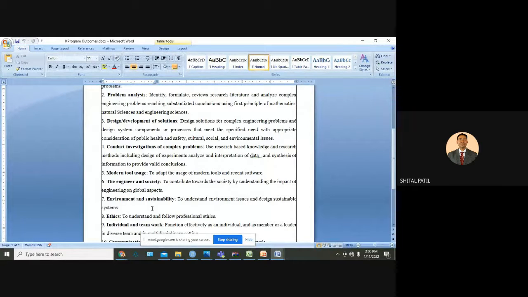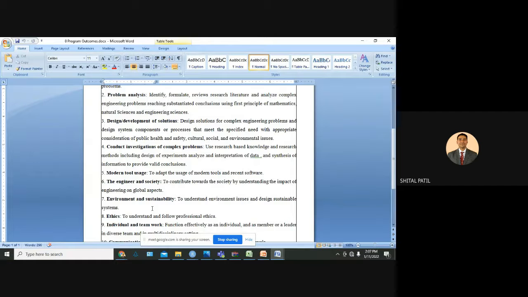In the Washington Accord, it was decided that a few skills or attributes should be there in the engineering graduate student, not the PG student, whether he is from India, China, any European country or the US, doesn't matter.